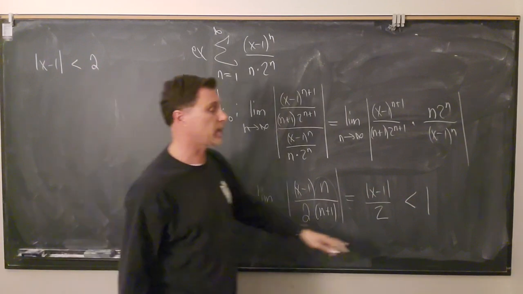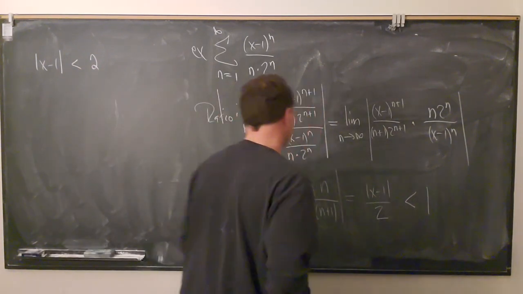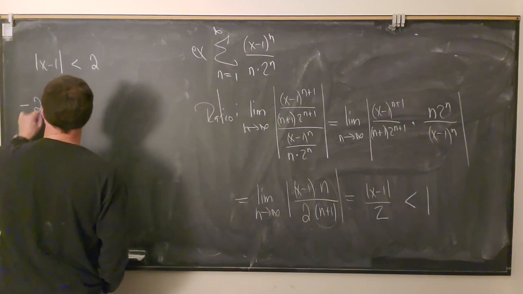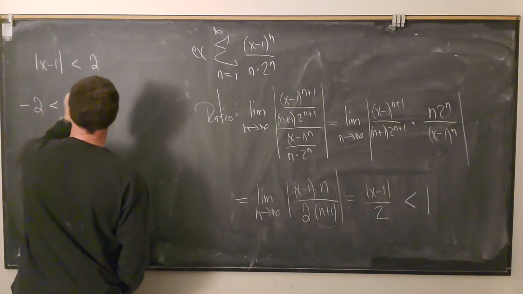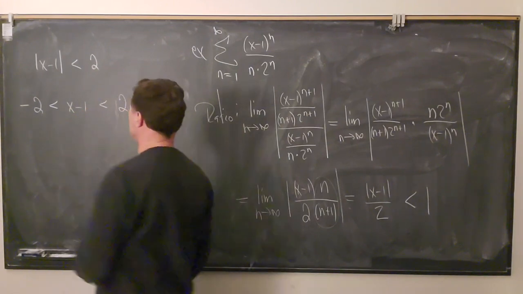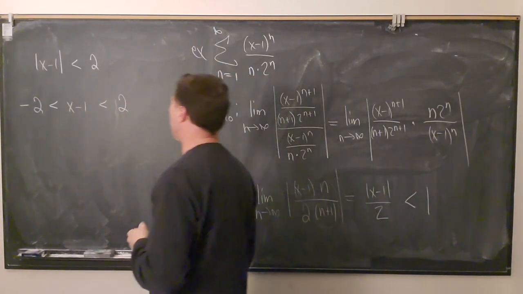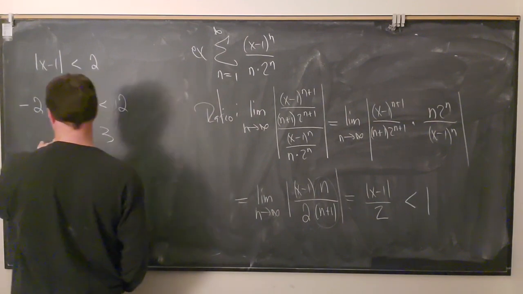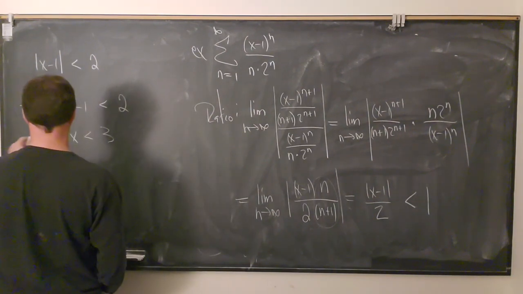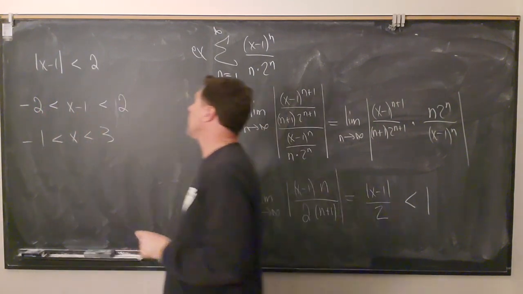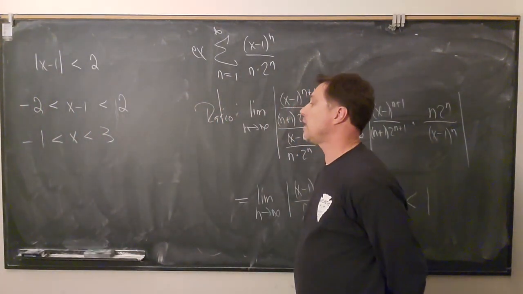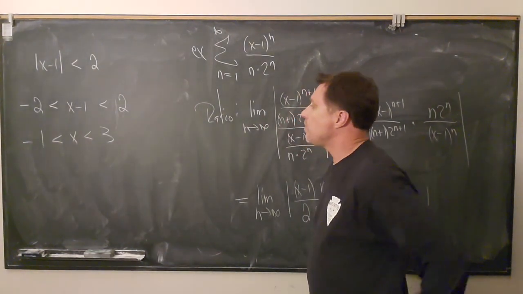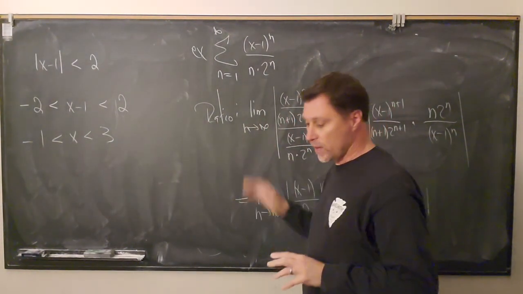I just multiplied this inequality by 2. To unravel an absolute value, what we'll have is minus 2 less than x minus 1 less than 2. And then if we add 1 everywhere, what we'll get is that x needs to be between -1 and 3. So we're guaranteed for any choice of x between -1 and 3, we have convergence.